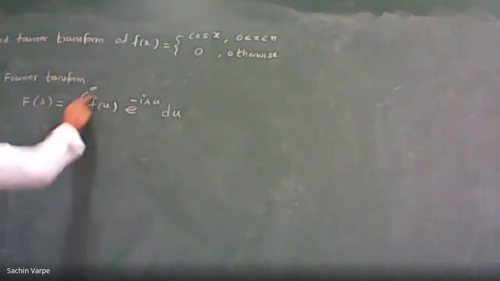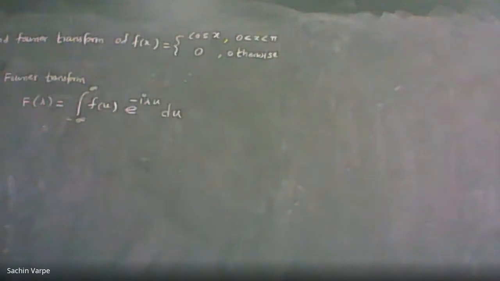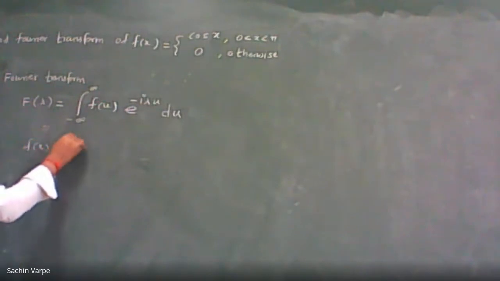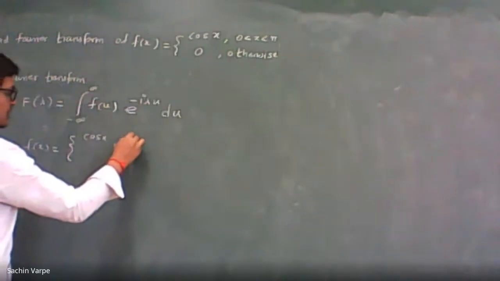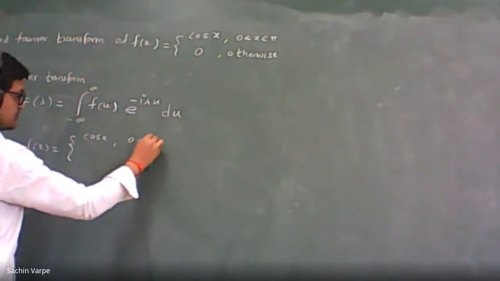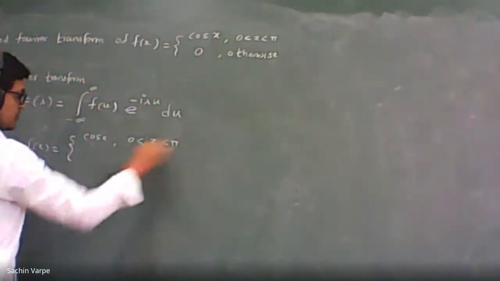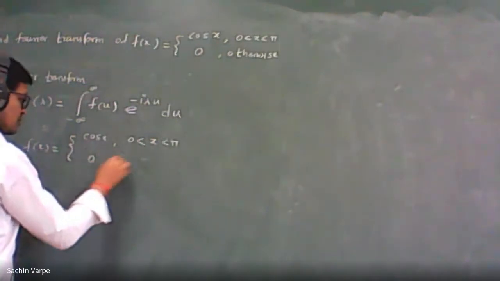So how do I split this interval according to the function? Let me rewrite the function. We have given the function f of x as cos x in 0 to pi, and the function is 0 otherwise.